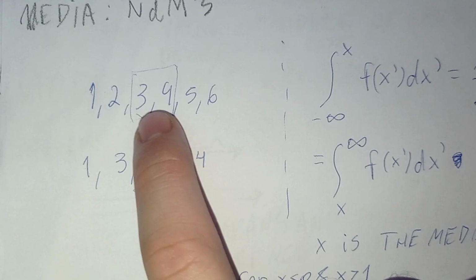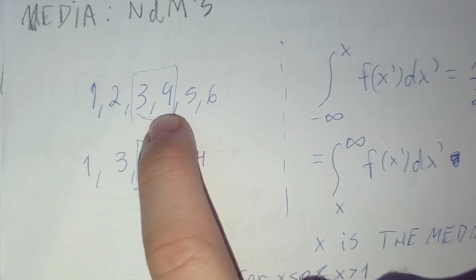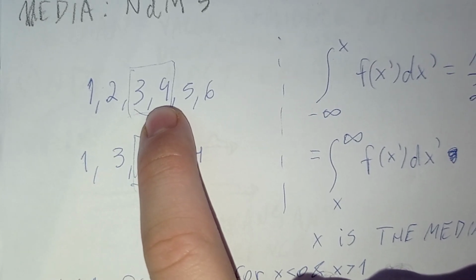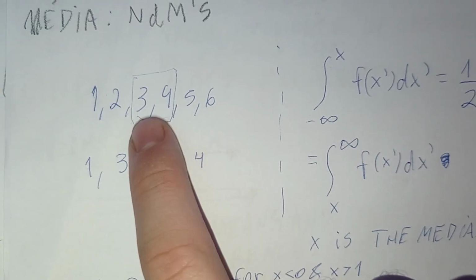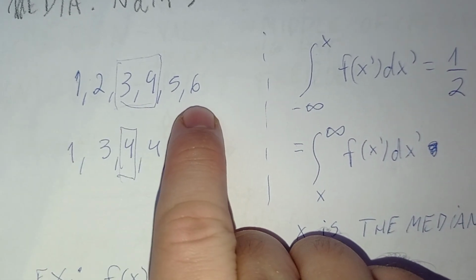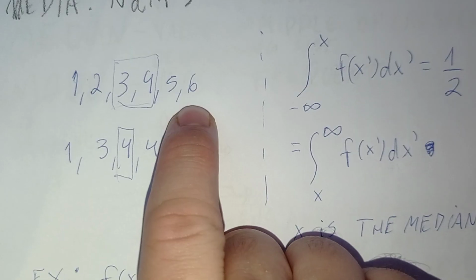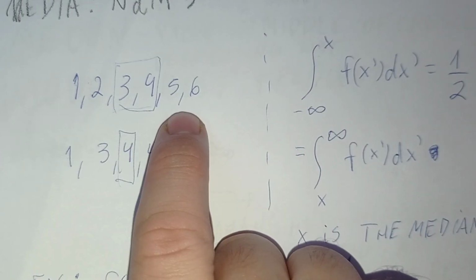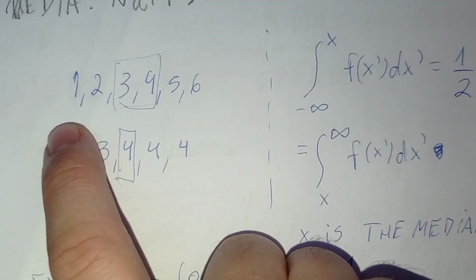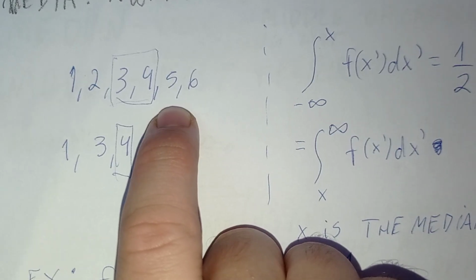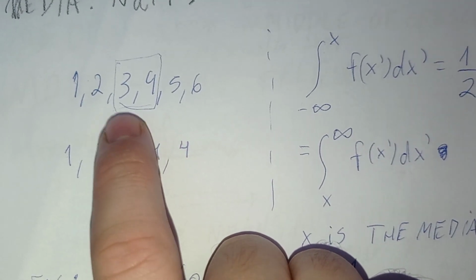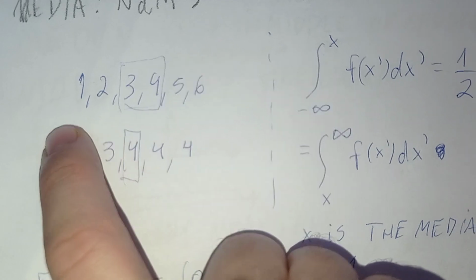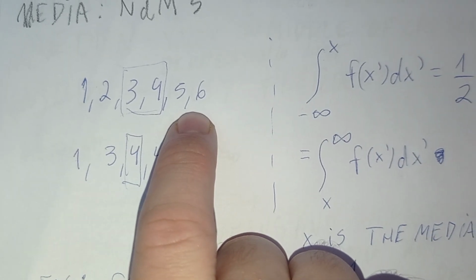So I will sum 3 and 4 and divide by 2. 3 plus 4 is 7, 7 divided by 2 is 3.5. So the median of this data set 1, 2, 3, 4, 5, 6 is 3.5. Incidentally, this is the mean of a fair die because I am listing all possible results.